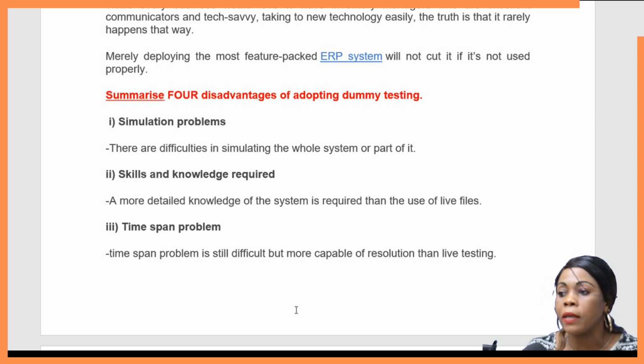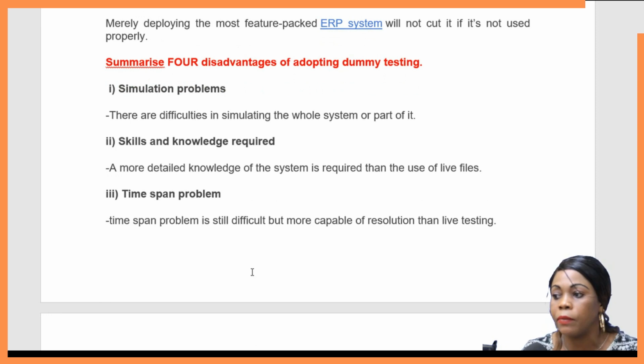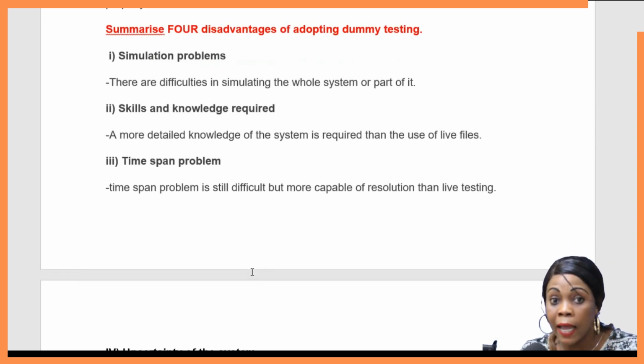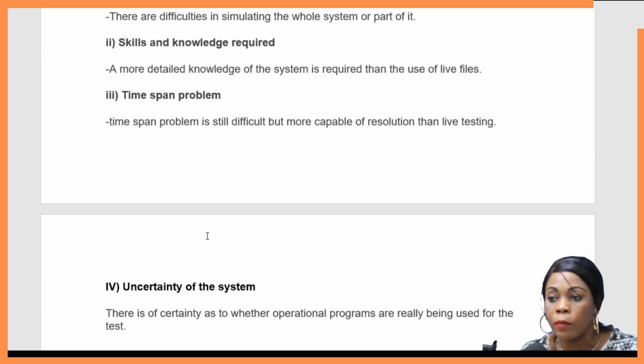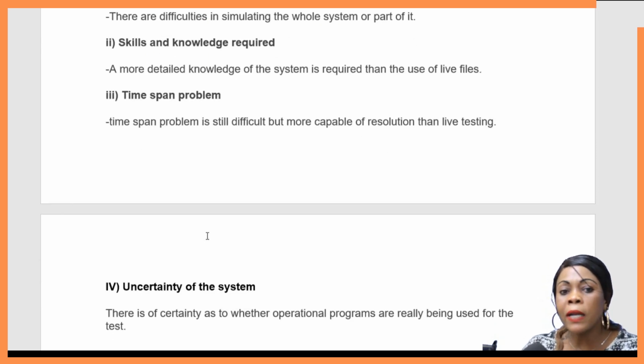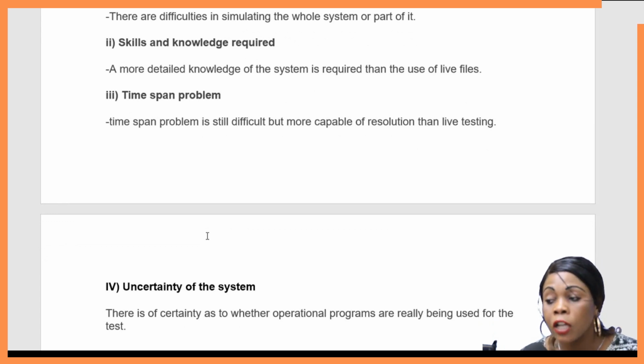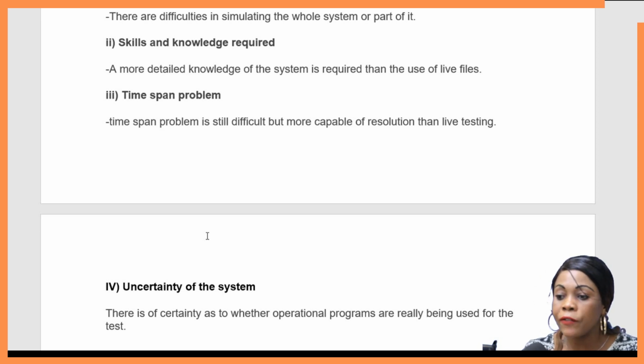In dummy testing, they need a lot more knowledge of the system than when you are using live files. Another disadvantage is the time span problem. The time span problem is still difficult but more capable of resolution than live testing.